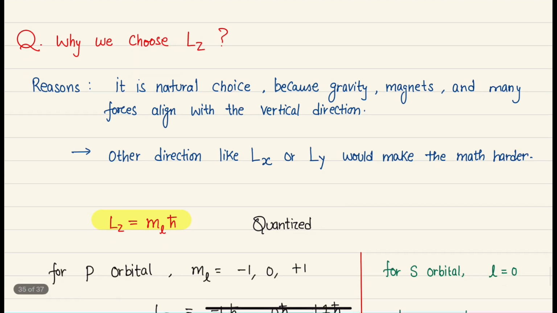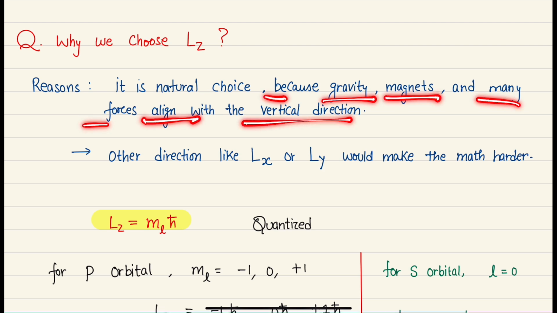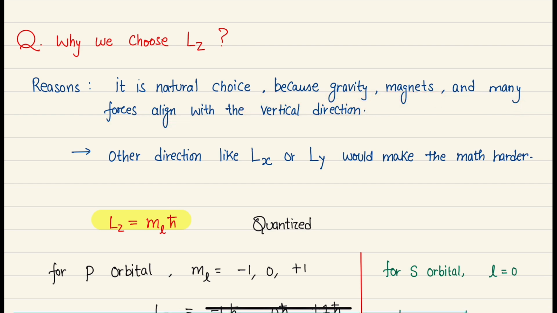Basically, it is a natural choice, because gravity, magnets, and many forces align with the vertical direction. And that's why the z direction is the natural choice. If you find Lx or Ly, then that would make the math more complex and harder.